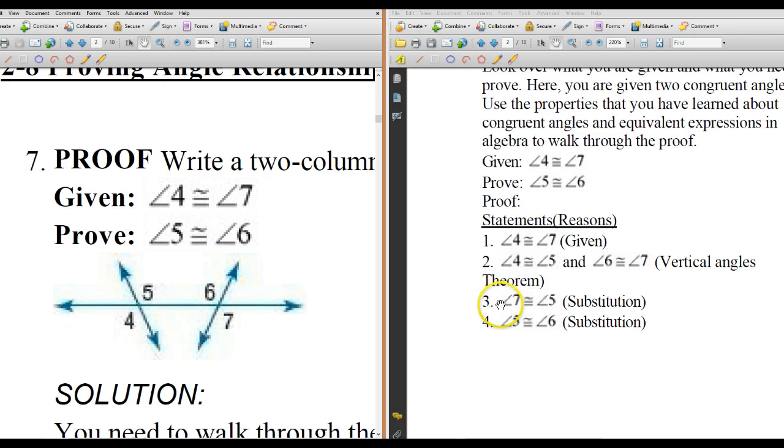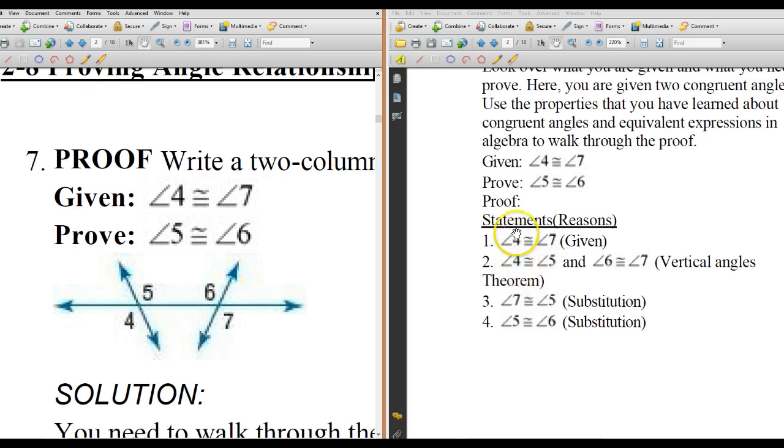In number 3, we can do some substitution. So we want to arrive at this fact that 5 is congruent to angle 6. So if we take our original statement that 4 is congruent to 7, for that statement we can substitute 5 in place of 4, because in the next statement it says that 4 is congruent to 5.